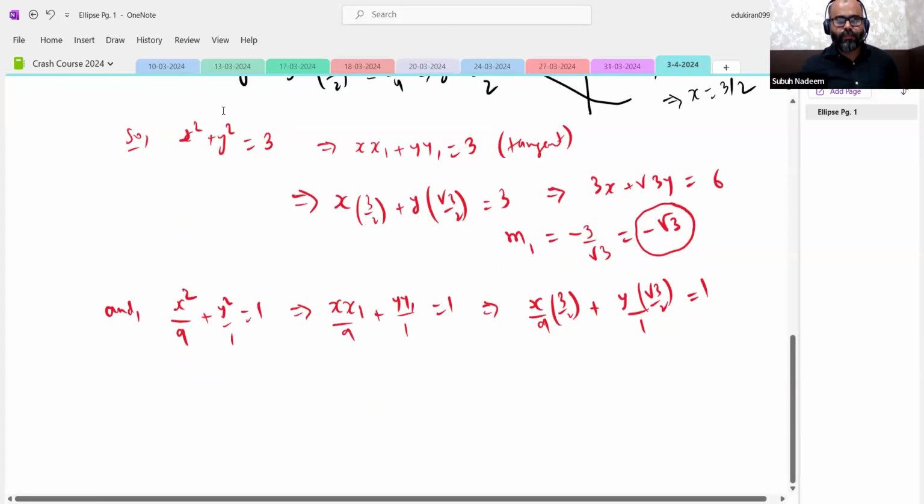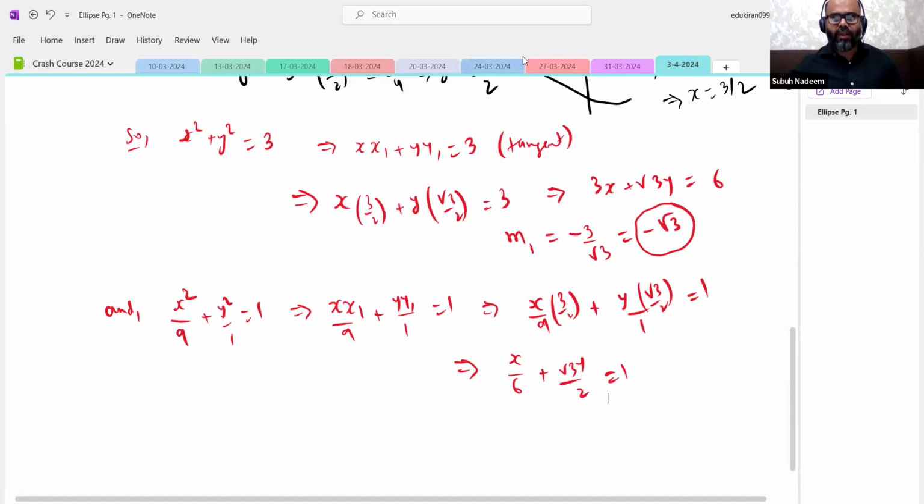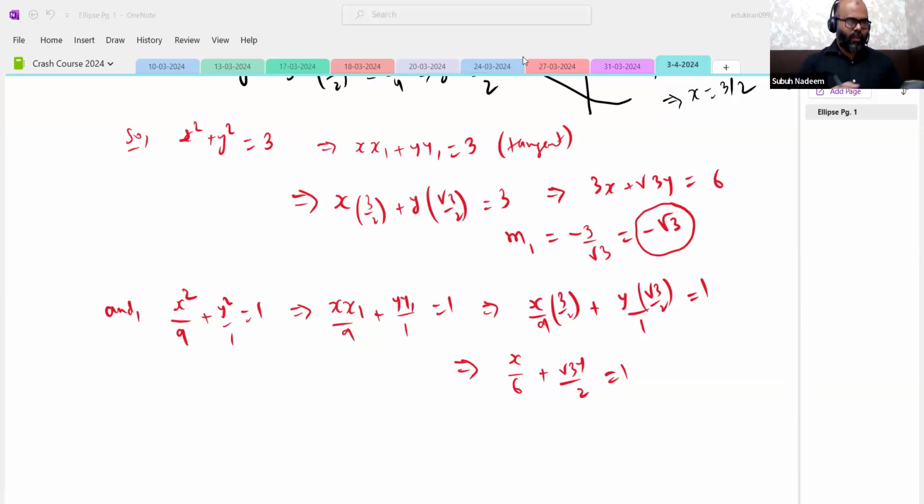So this will become x by 6 plus root 3y by 2 is equal to 1.